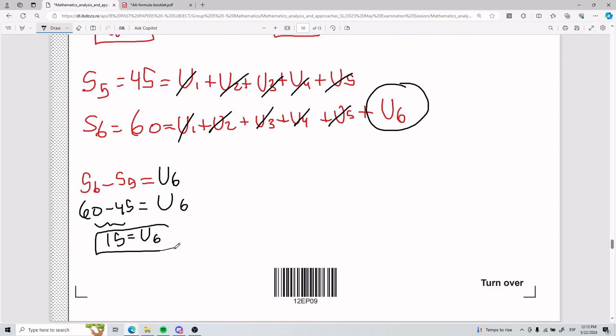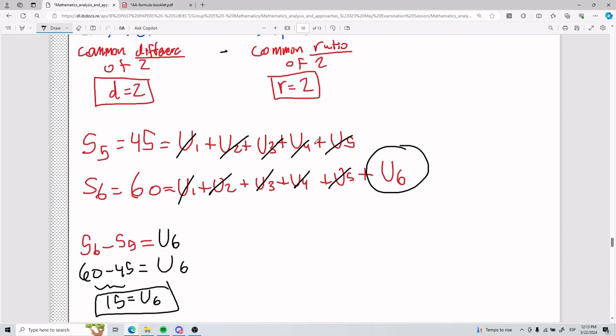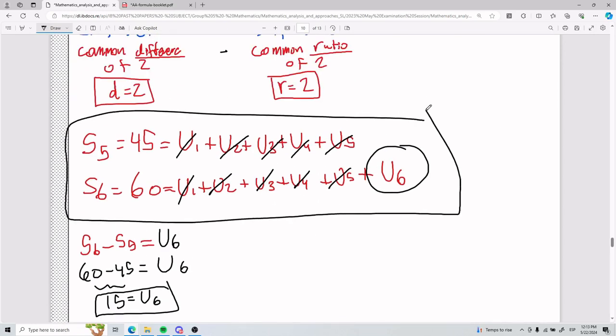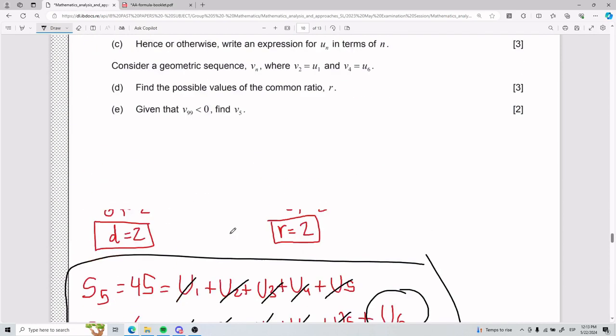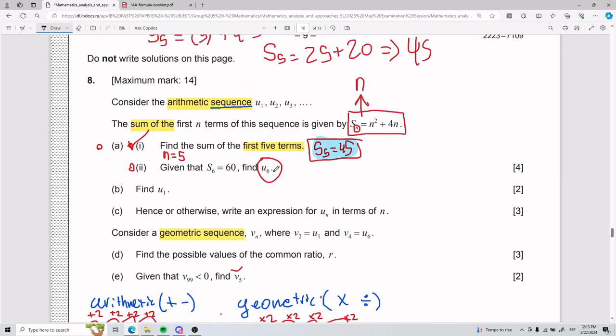I think visually it's very appealing. So U6 has to equal 15. Let me put it in light blue just so that I remember that this is what we did for part A double I.